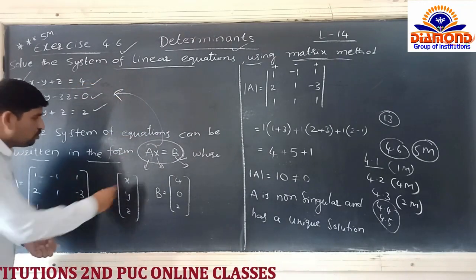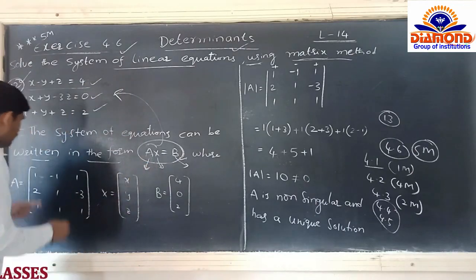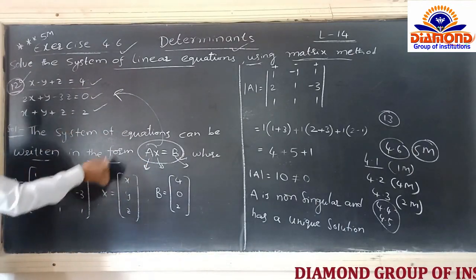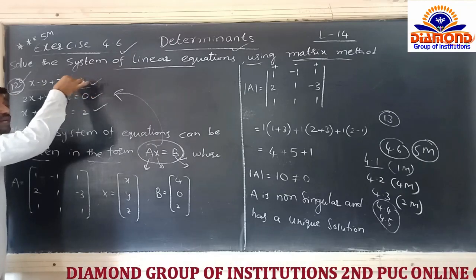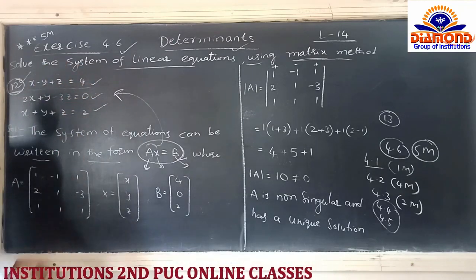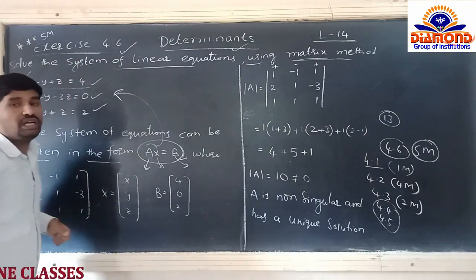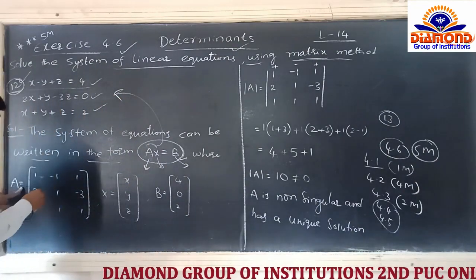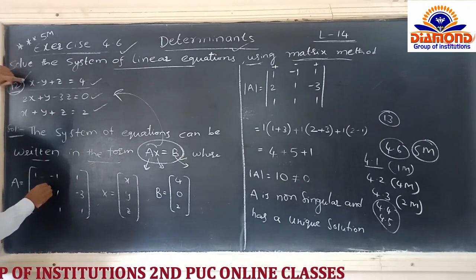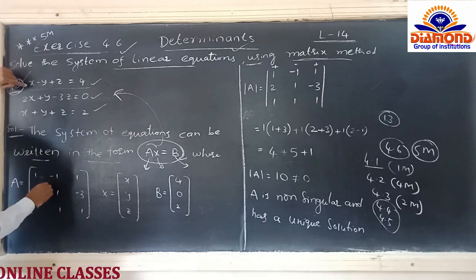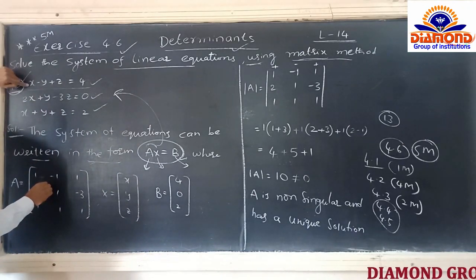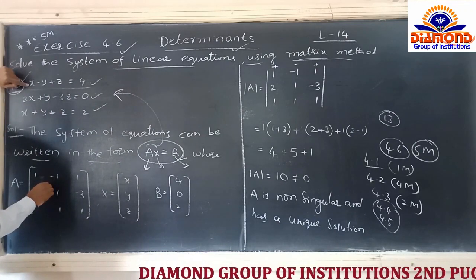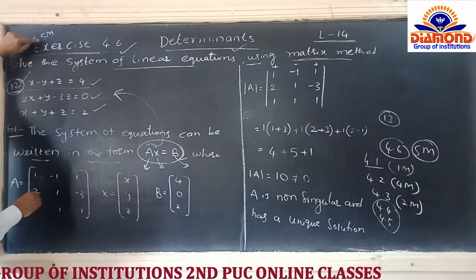So we write the matrix A from the 3 equations. We take the coefficients of x, y, z only. This is the very simple way of doing the solution for exercise 4.6, and that's why it asks for 5 marks.